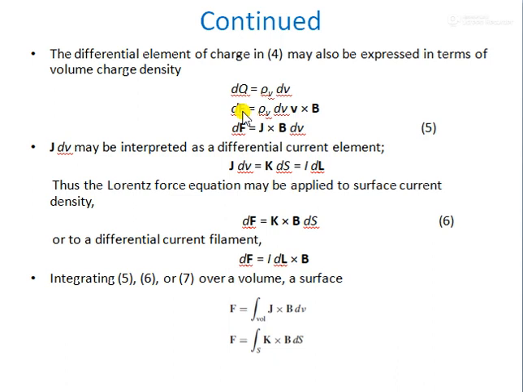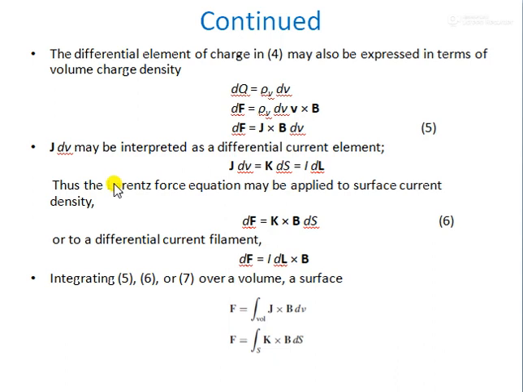Now here dF is equal to dq into v cross B, where rho v into v is nothing but J. So therefore dF is J cross B dv. Now J dv can be interpreted as a differential current element, so that is K dS, or it can be I dL.